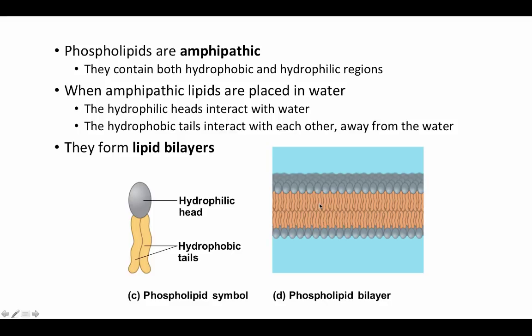bilayers. So in experiments where researchers want to have an isolated cell membrane by itself, they can actually just put these phospholipids into water, and this will self-assemble this membrane. It'll form a little bubble with an intact cell membrane around the bubble, water on the inside, water on the outside, interacting with both sides of this bilayer.